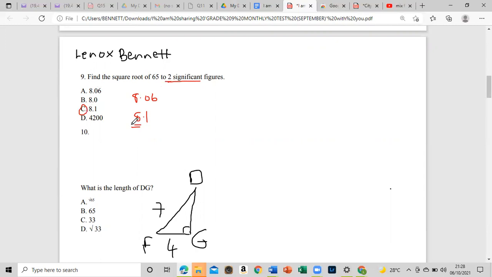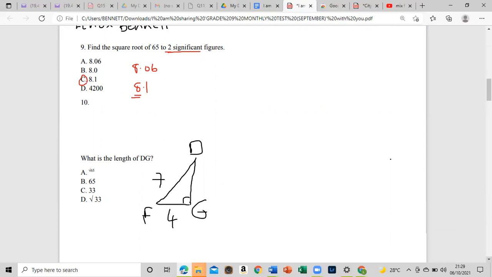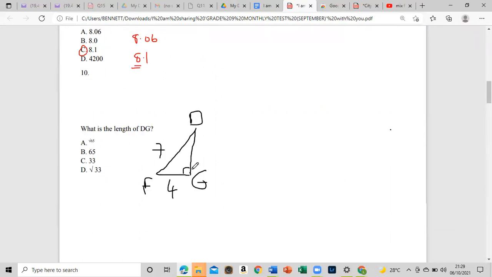There's no calculator allowed. What is the length of DG? And that would be this side right here. Because it's the hypotenuse, it would be 7 squared minus 4 squared.